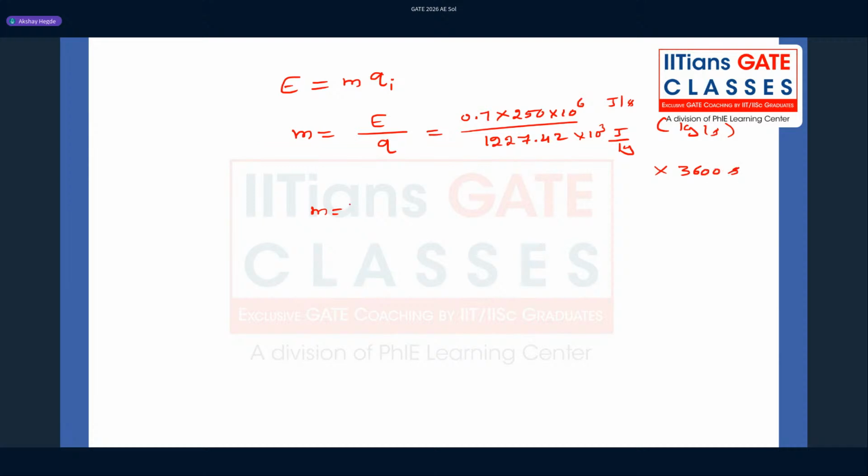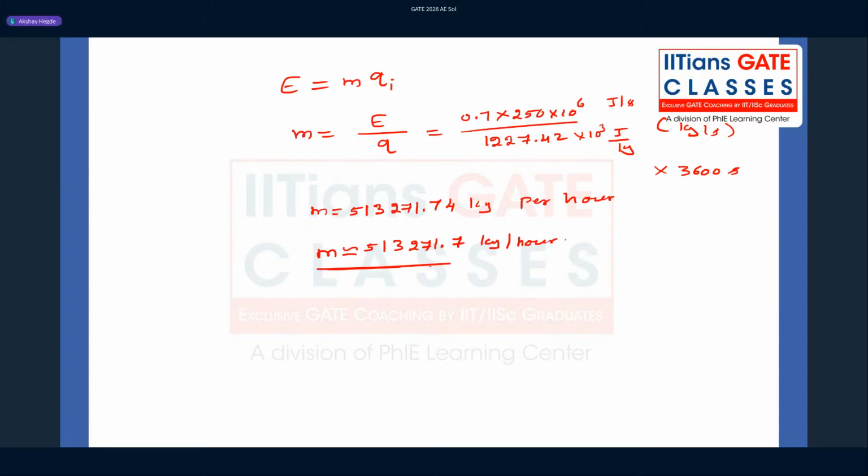So we have 513,271.74 kg per hour. Okay, so rounding off to 1 decimal place, that's 513,271.7 kg per hour.